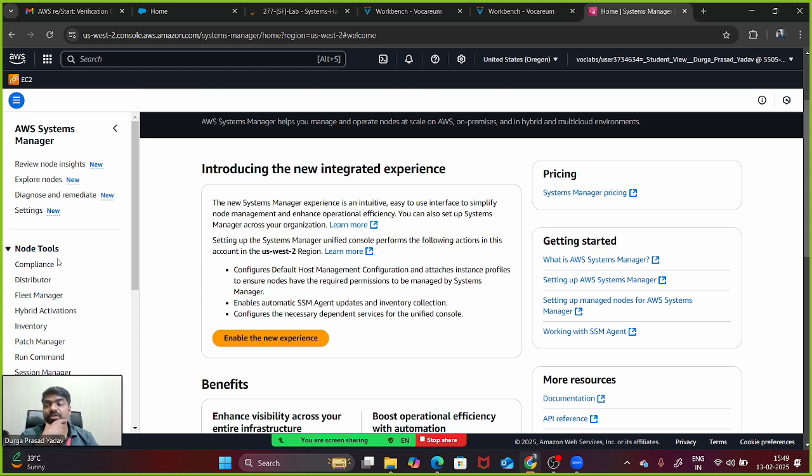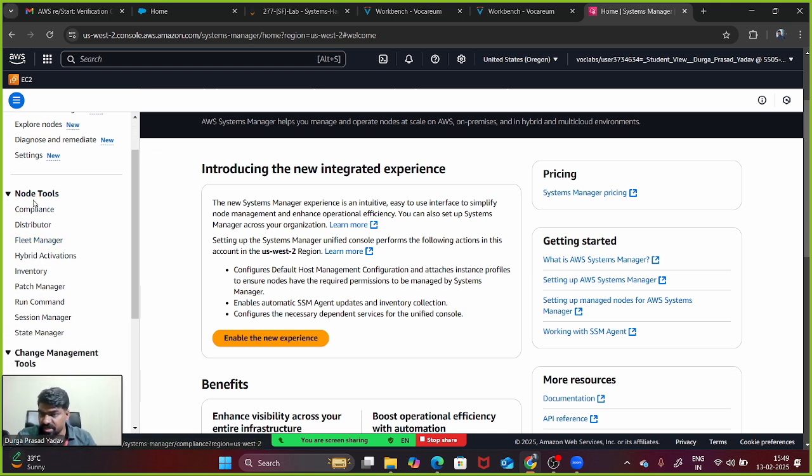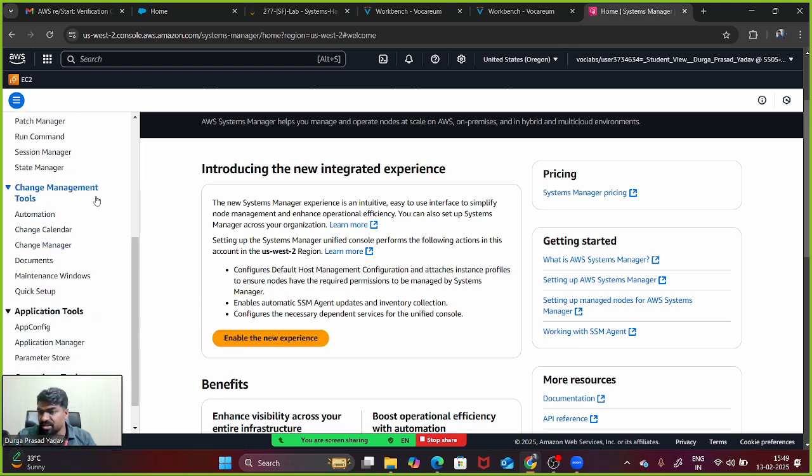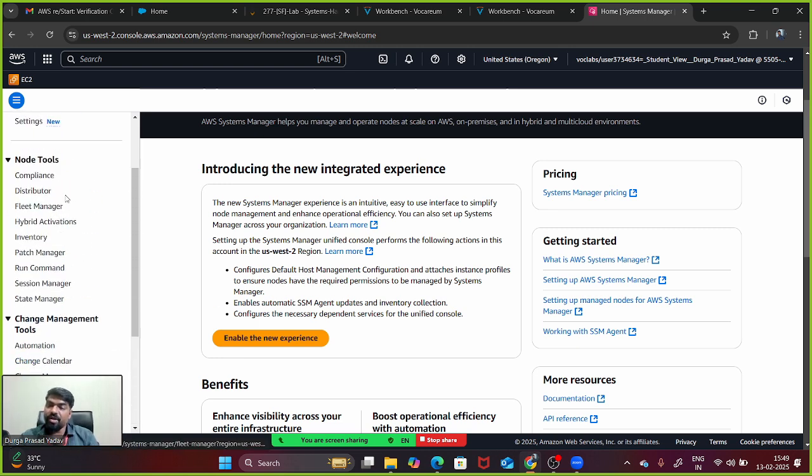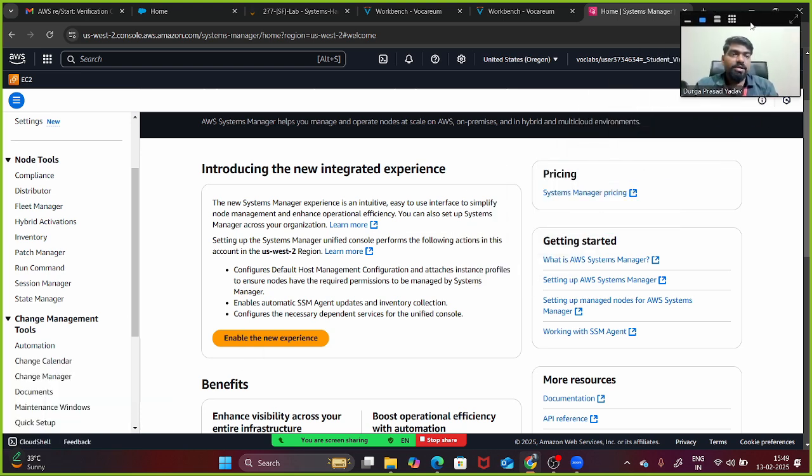The first area is node tools. Node tools means what all the components we are using, and how we are going to manage all those components: compliance, distributor, fleet, all these things related to nodes, and then change management, and then application, and then operation tools. Basically four areas, four operation techniques given here to manage the AWS resources.